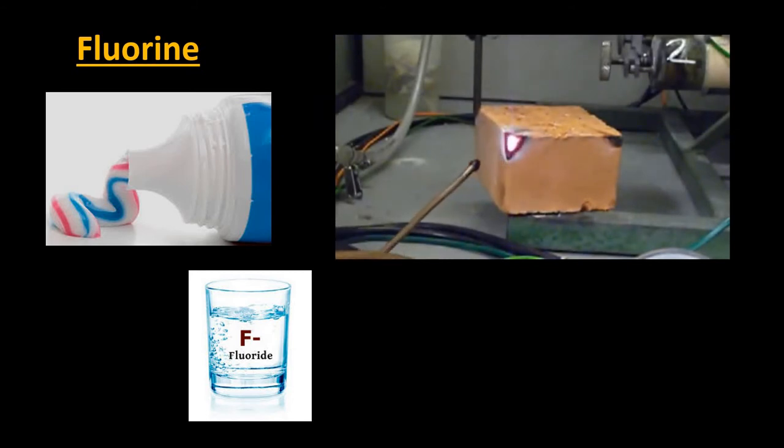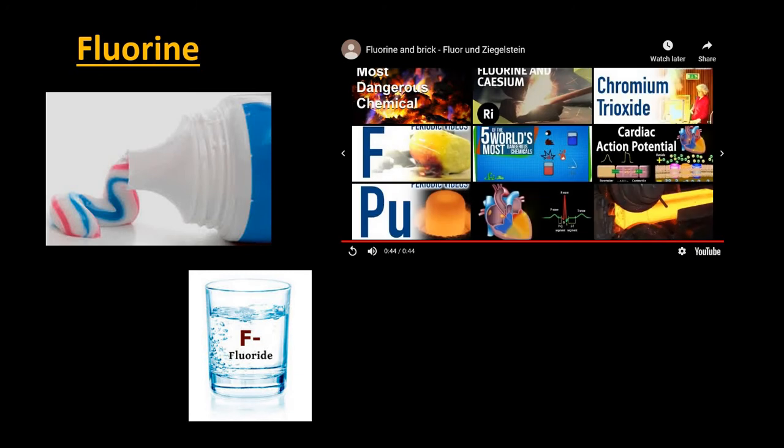And you can see that the fluorine just literally burnt away the corner of the brick. That's just from a reaction with the gas. Okay, there was no fire involved. Just the gas flowing over, which caused fire to happen.